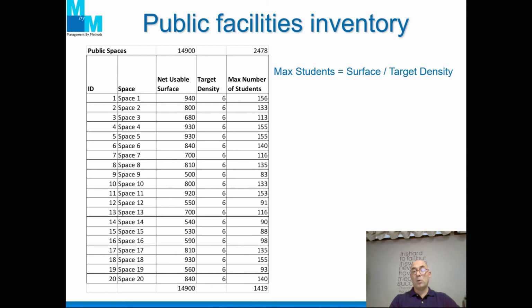In this example we have analyzed 20 spaces for a total of about 15,000 square meters, and dividing by the target density, we have a total of about 2,478 potential students that we could move from schools to these spaces.